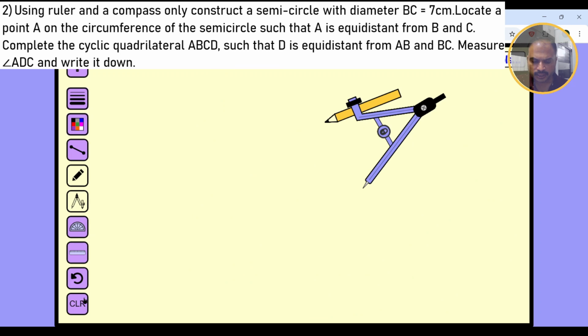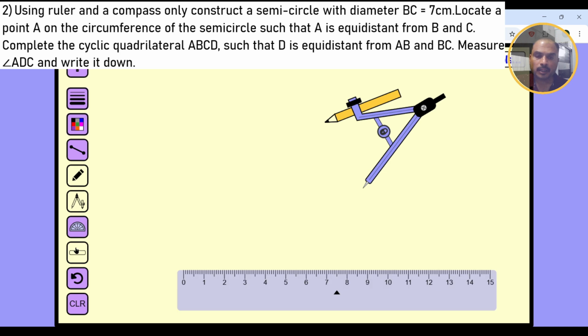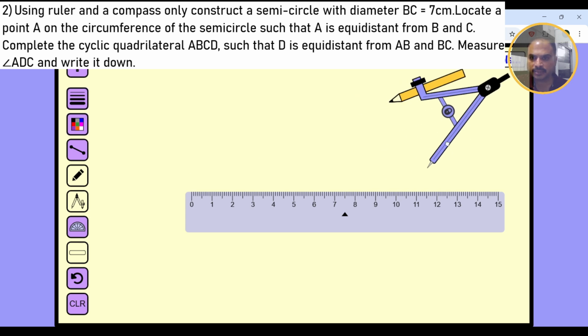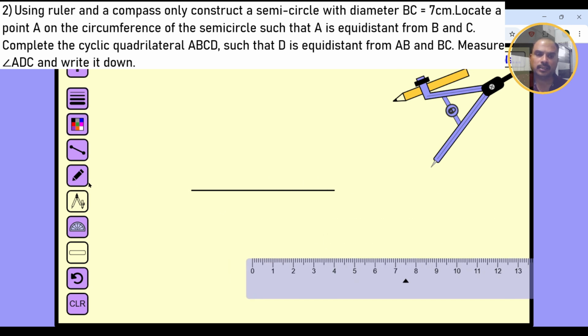So the second question says that using ruler and compass only, construct a semicircle with diameter BC 7 centimeter. Now I will draw a line over here which is 7 centimeter. The 7 centimeter is the diameter of the circle.